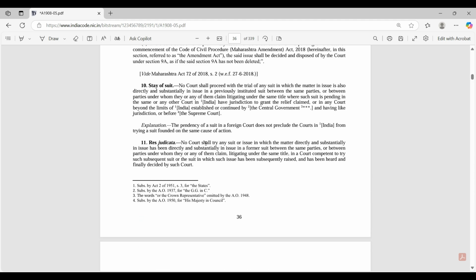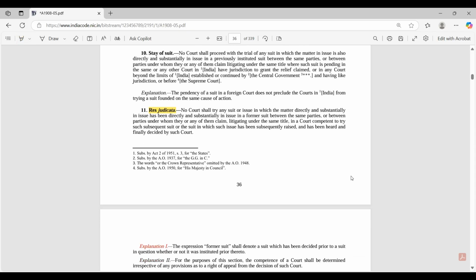Now comes a very important concept which I am highlighting right now. Res judicata. Do read it very carefully. No court shall try any suit or issue in which the matter directly and substantially in issue has been directly and substantially in issue in a former suit between the same parties, or between the parties under whom they or any of them claim litigating under the same title.